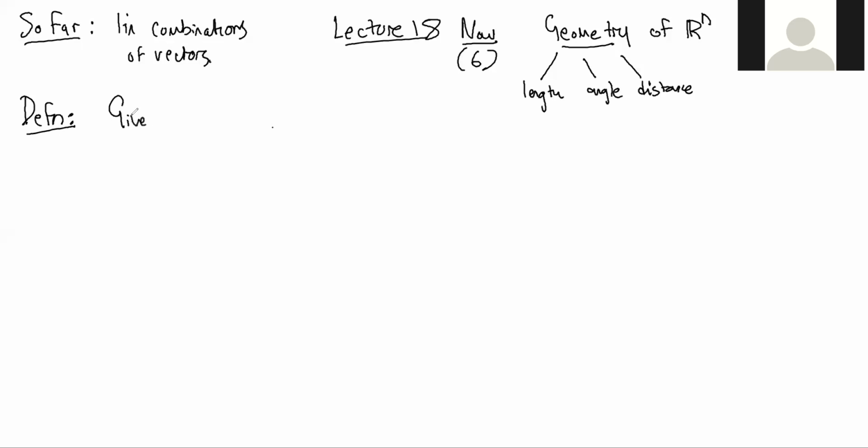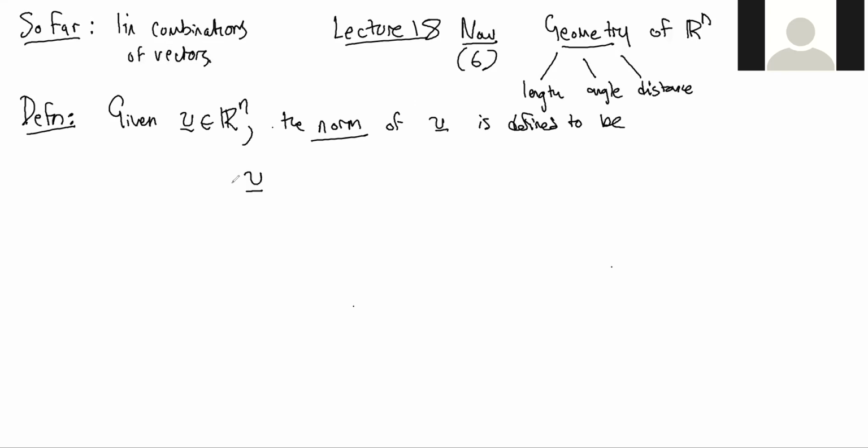Given a vector, call it U, the norm of the vector is defined to be the generalization of how we measure norms in R2 and R3, namely the square root of the sum of squares of the entries of the vector.